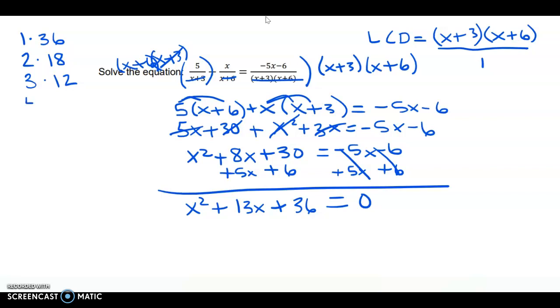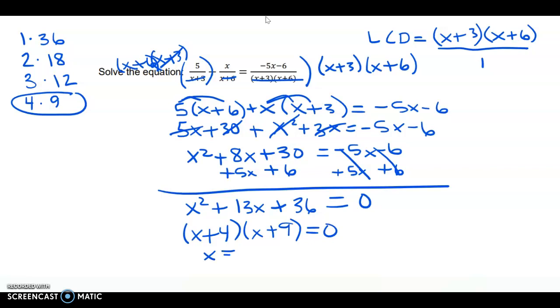We're getting closer. What about 4 and 9? Well, 4 times 9 is 36. 4 plus 9 is 13. So that's the winner. So we'll say, okay, x plus 4 times x plus 9 then equals 0. And then we'll set both factors equal to 0. So we'll get x equals negative 4 and negative 9.